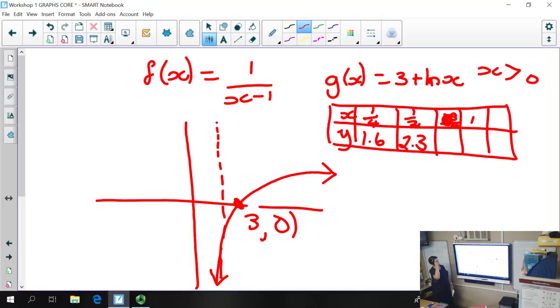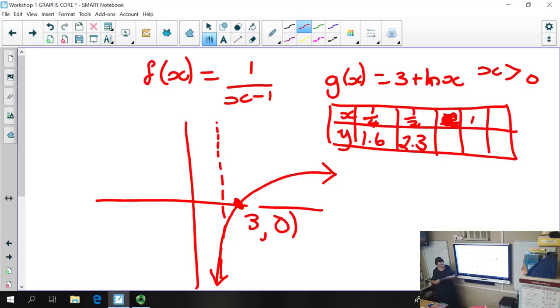That will just fall away there, because it's more than that. That's the asymptote line. It will lie there at that point. Mine is crossing it, but it shouldn't.